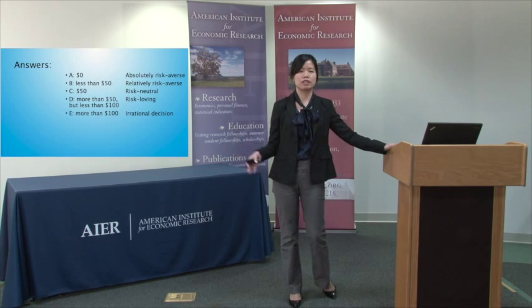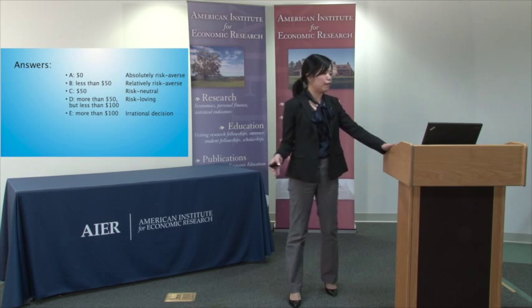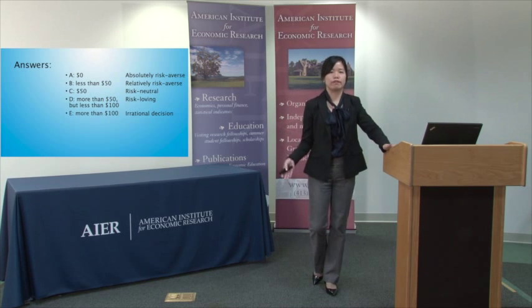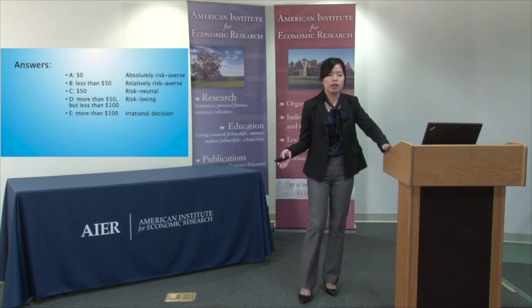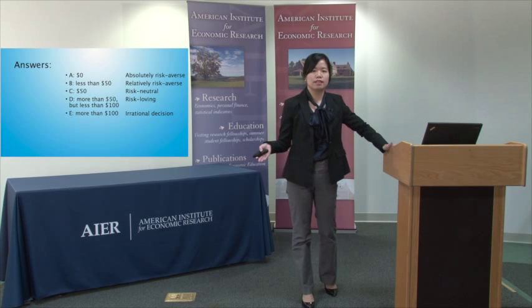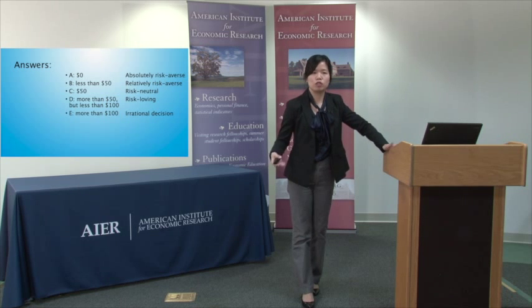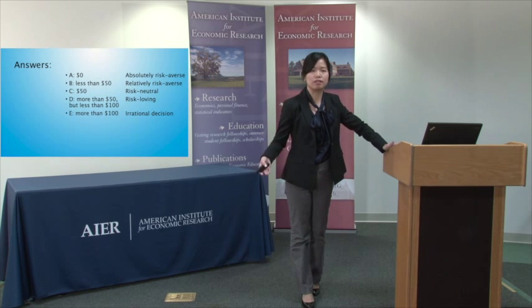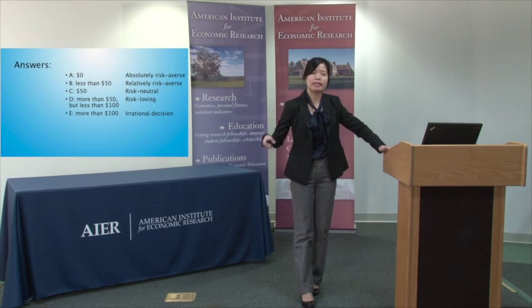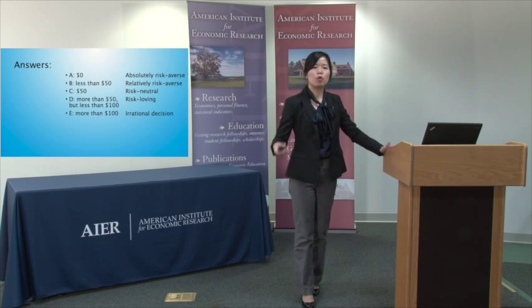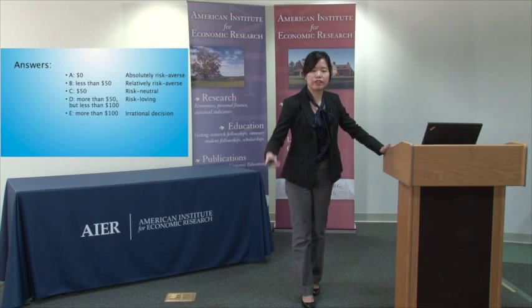We call you risk neutral. If you are willing to pay more than $50, well, you hope for the best. You like risk. You think it's likely for you to have $100. So you would like to pay more than the value of the game.